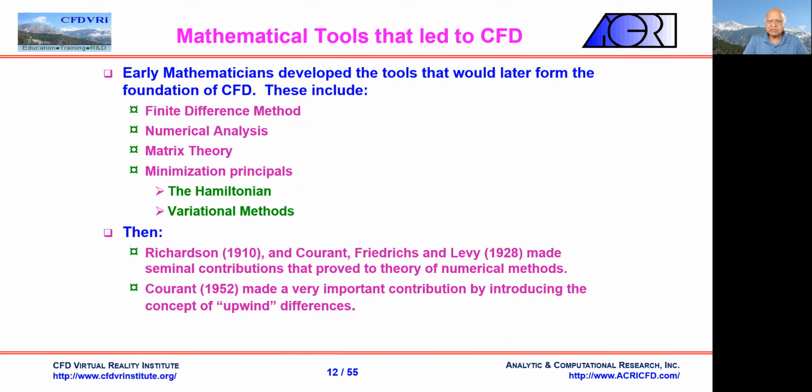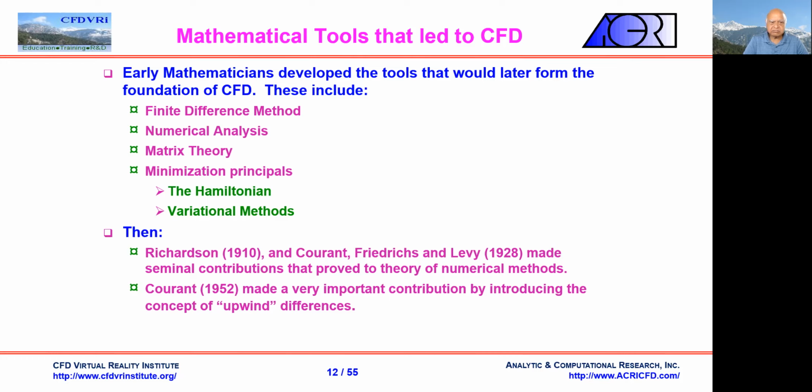Those mathematicians developed the tools that would later form the foundation of CFD: the finite difference method, numerical analysis, matrix theory, a couple of minimization principles, the Hamiltonian and the variational methods. These all helped CFD when it came around.